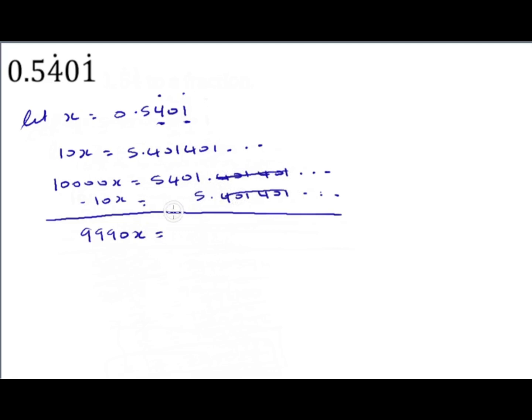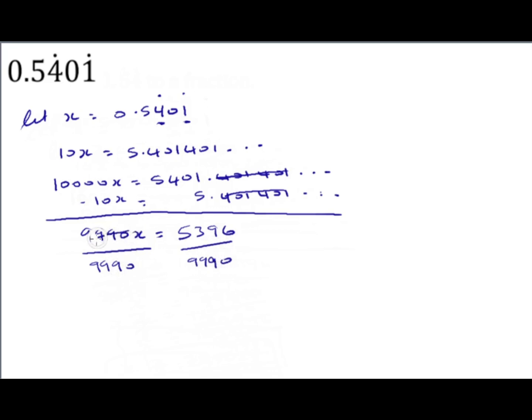So you're left with 5,401 subtract 5, and that's going to give us 5,396. So there we have it. Now, once you're at this stage, we simply need to solve for x. Now, to solve for x, we're going to divide both sides of the equation by 9,990.